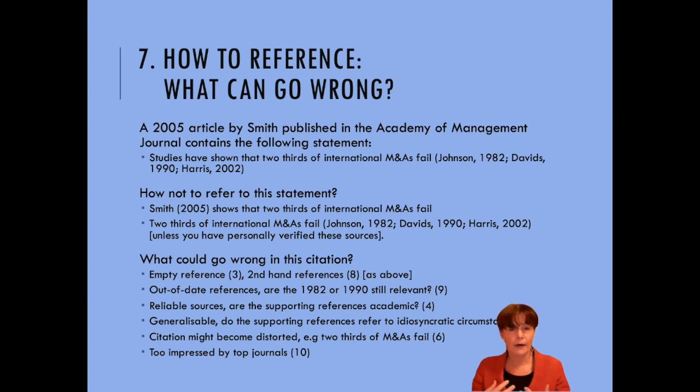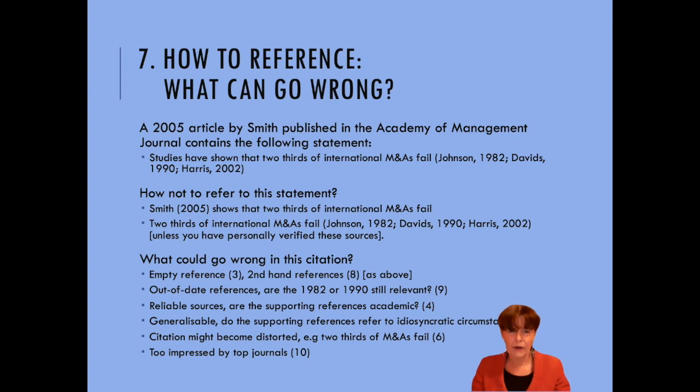So, as I said before, you shouldn't use second-hand references. So use the references that someone else has found. But there might be other things that can go wrong with this. Let's assume this is a 2005 article, and you're using it in your thesis in 2020.